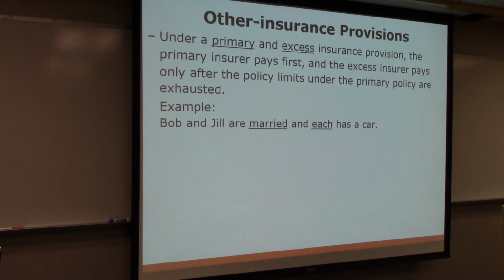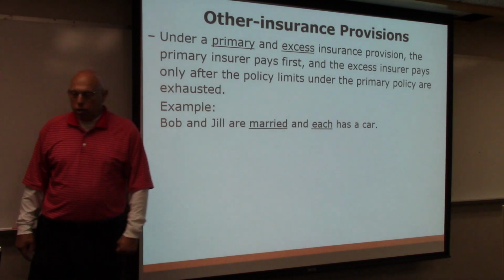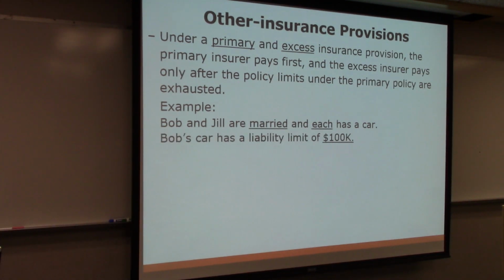Bob and Jill went up the hill. Bob and Jill are married, and each has a car. Welcome to America. Bob's car has a liability limit of 100,000. Jill's policy has a liability limit of 50,000.